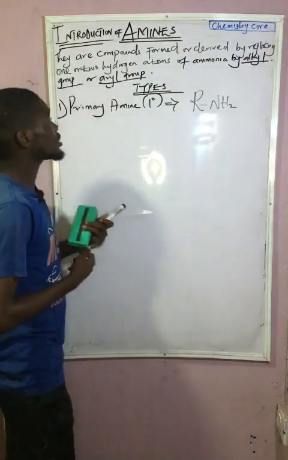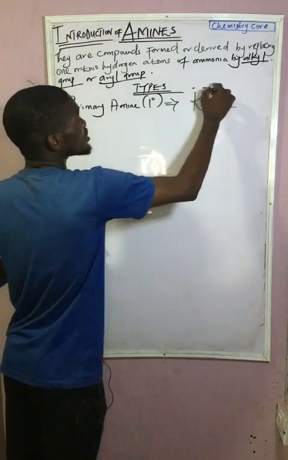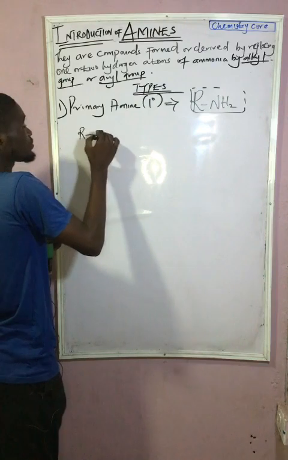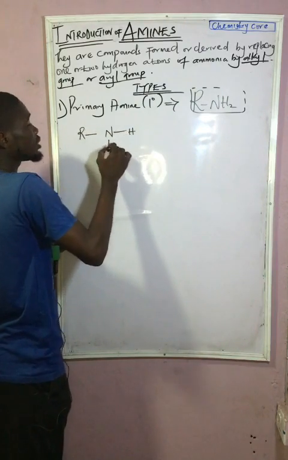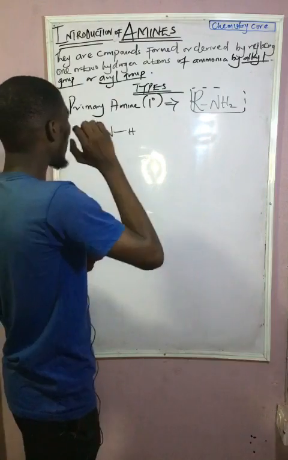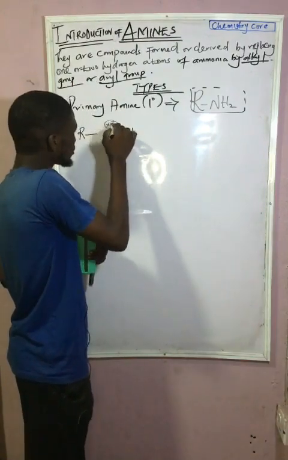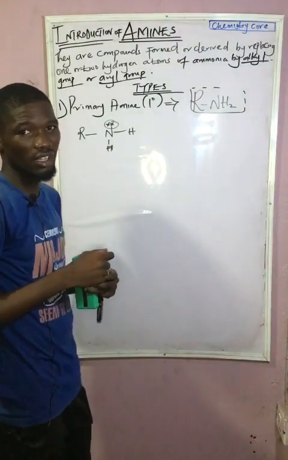So guys, the formula for this primary amine, we have it to be what? So let's show the structural formula so you can see that I have R, H here, H here. And one thing about amines is that there's always a lone pair here. What did I call it? A lone pair.